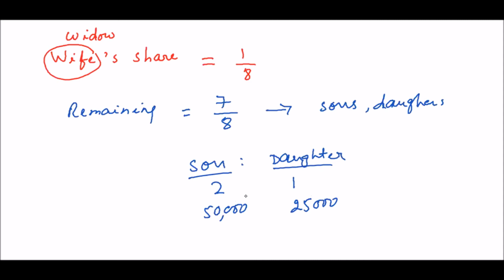It means you will remember that the share of widow is 1 by 8, the share of daughters and sons together is 7 by 8, and out of this 7 by 8, the daughter will get 1 part and 2 parts will go to the son.